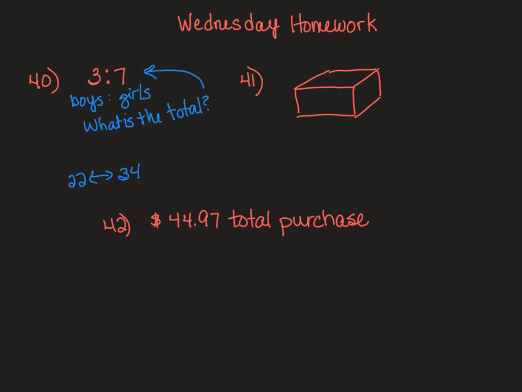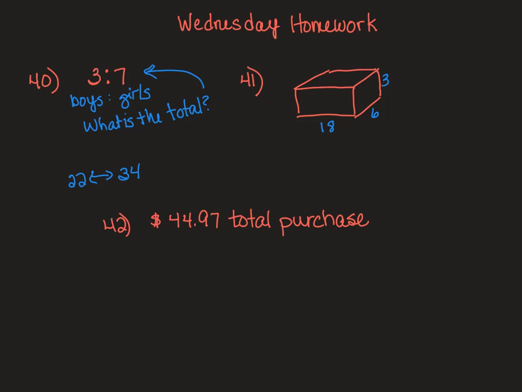Okay, number 41 is surface area again, and I know we keep hitting this, but I want to make sure that we have this down. So in 41, it says that there's a rectangular prism that is 18 by 6 by 3.